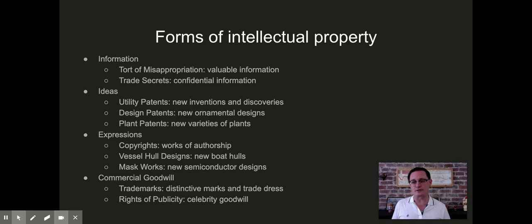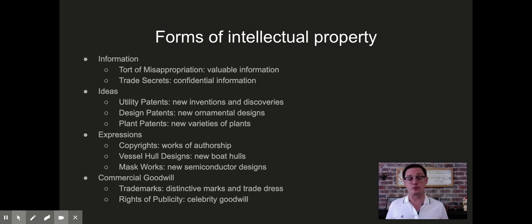Other kinds of intellectual property rights, particularly trademark, are really about competition per se, and therefore are about the relationship between competitors in a market. So the unfair competition element is really critical to thinking about when those intellectual property rights can be asserted in the first place and what they're intended to accomplish.